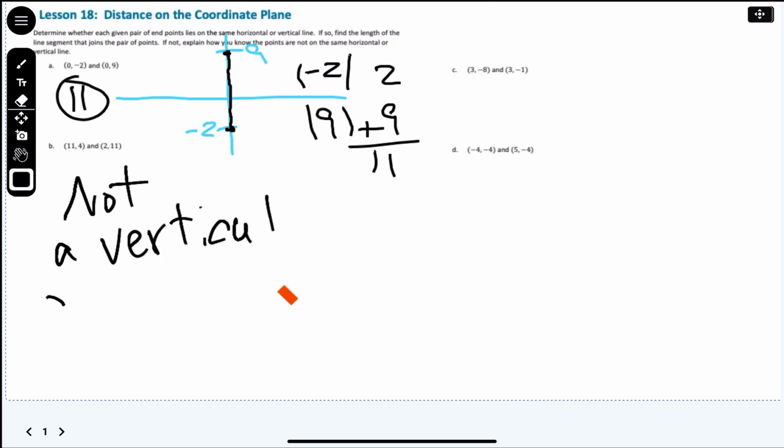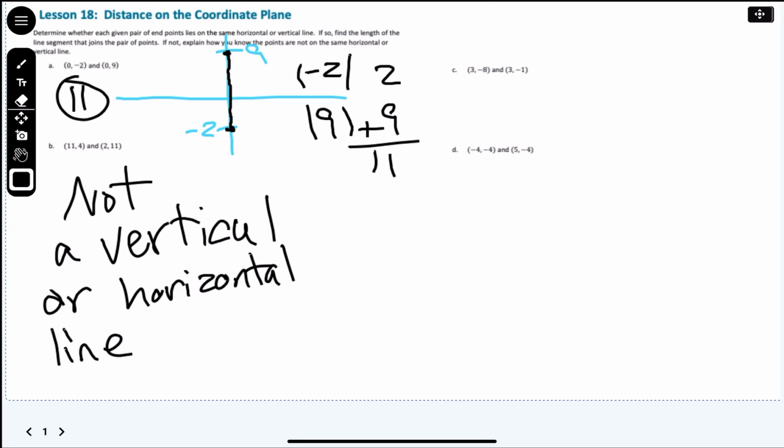Come on, think. Either your x's have to be the same or your y's have to be the same, right? For it to be a vertical or a horizontal line.